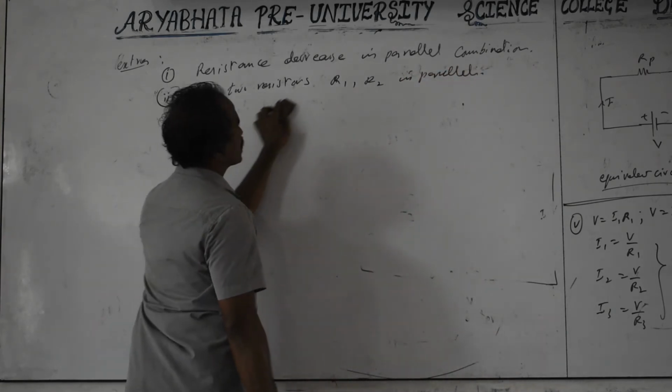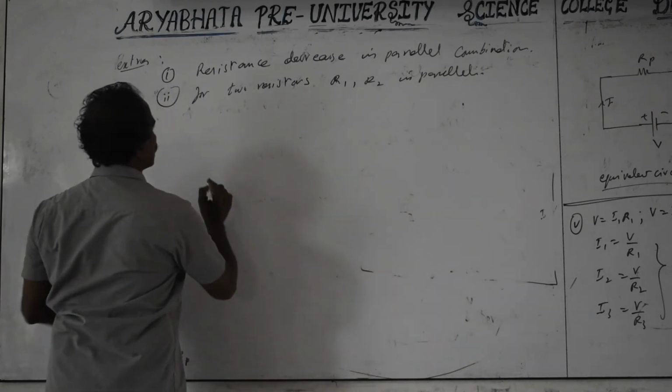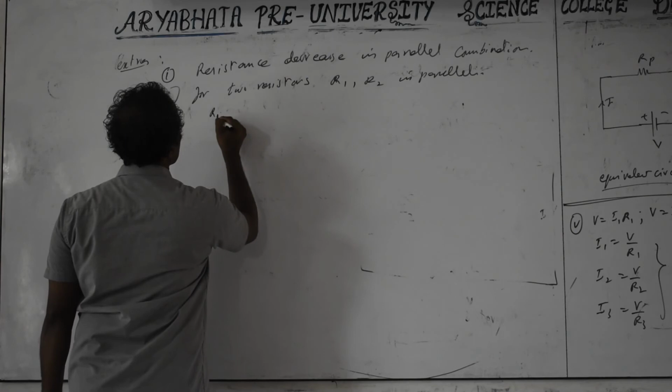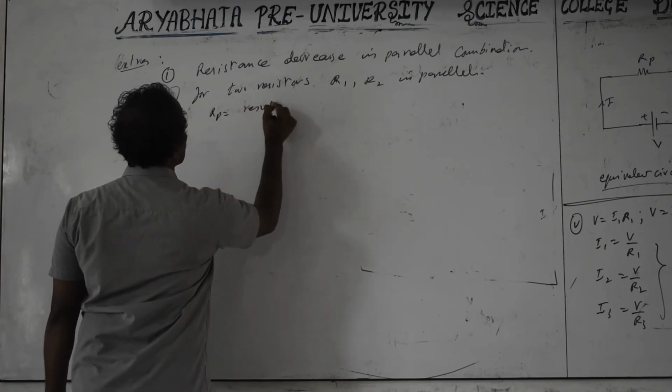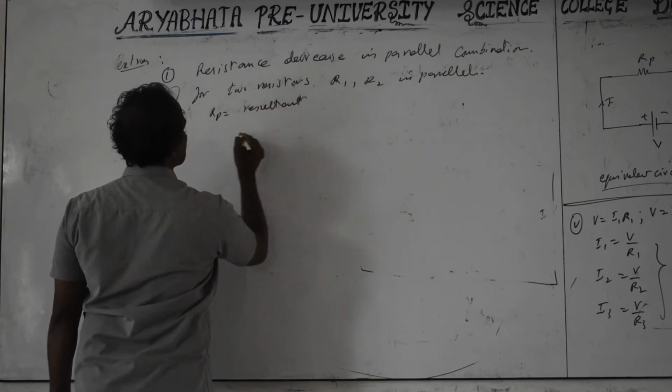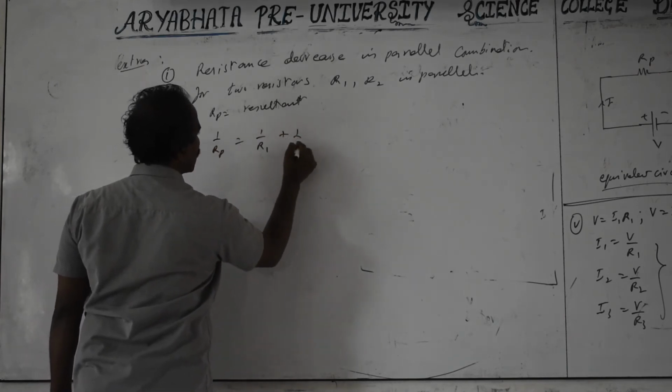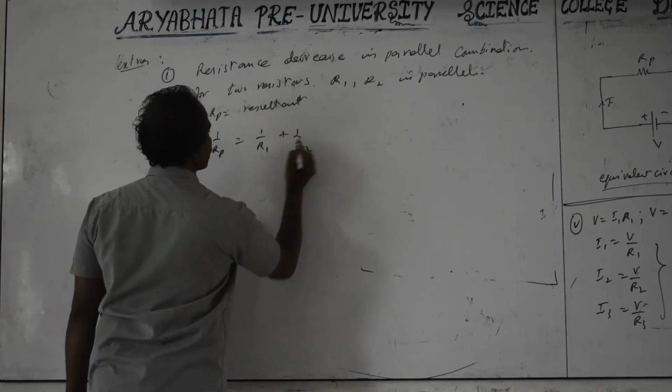For 2 resistors R1, R2 in parallel, the resultant is RP. What we get is 1 by R parallel is equal to 1 by R1 plus 1 by R2. We can take the LCM of this.